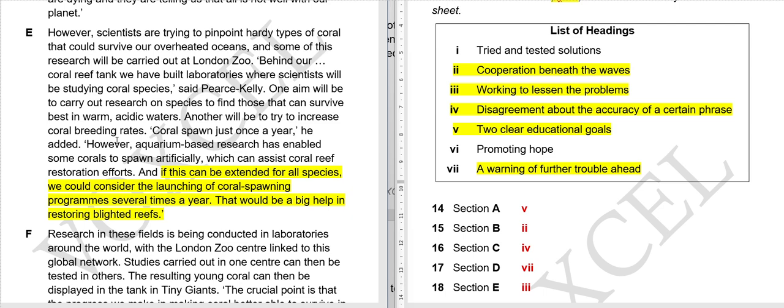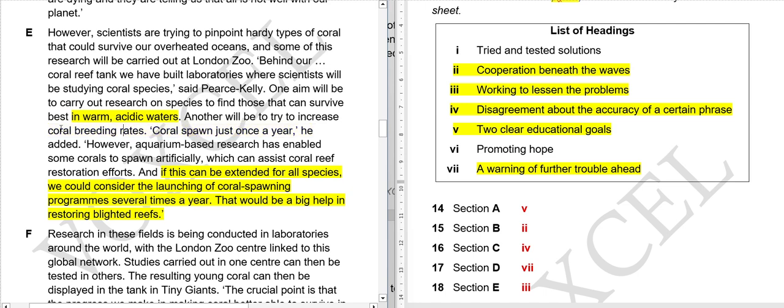Like first they're trying to find species that can survive in warm and acidic water, and then they are trying to increase the coral breeding rates.